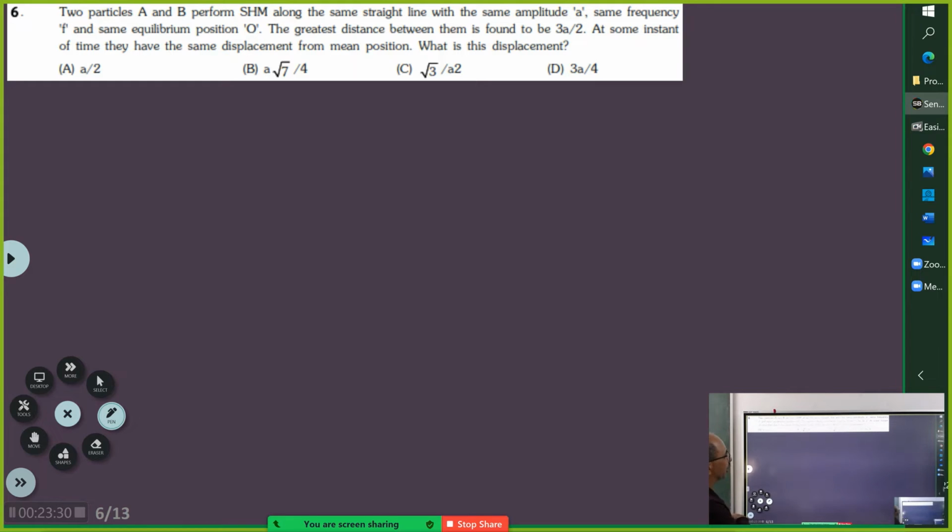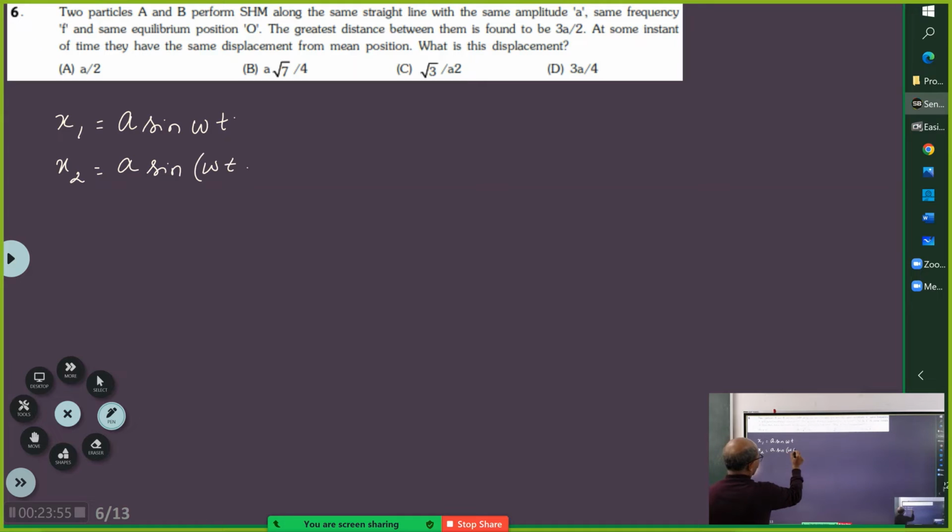The greatest distance between them. So now you have to take two equations for two particles. There is no other go, you have to take these two.